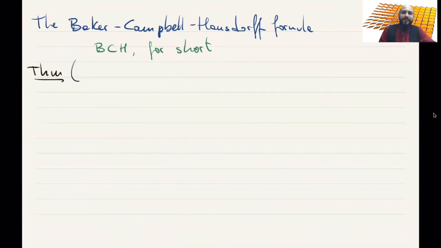I will state a very clean version of this formula due to Dynkin, and then I will state another formula for linear groups, and that is actually very easy to prove. So I will not prove the formula for the differential of the exponential map. I will not prove the Baker-Campbell-Hausdorff formula for arbitrary Lie groups, but I will do it for linear groups.